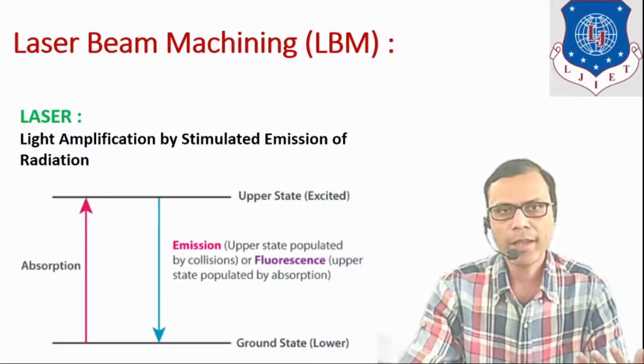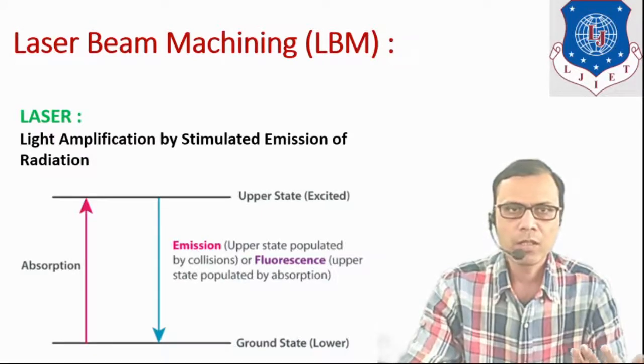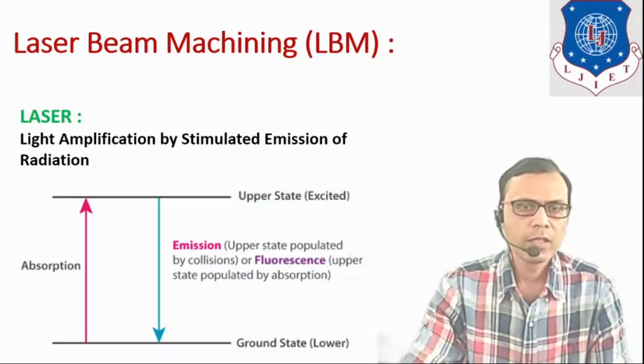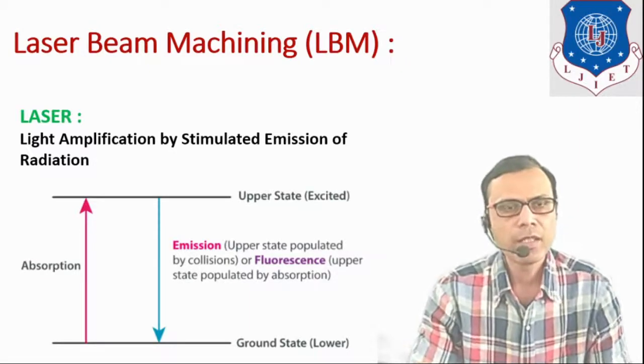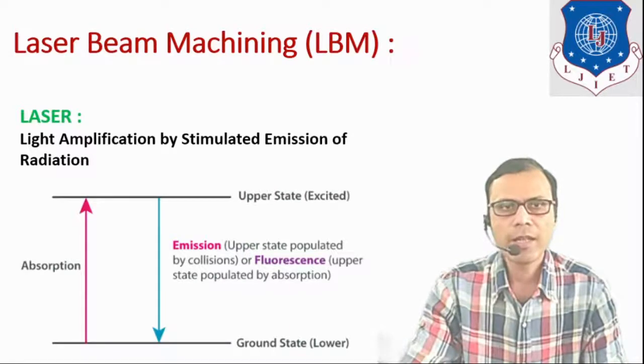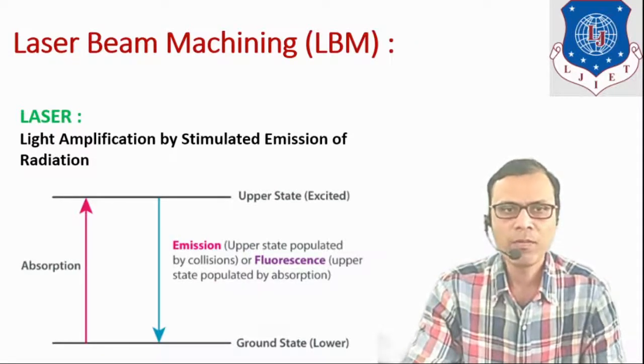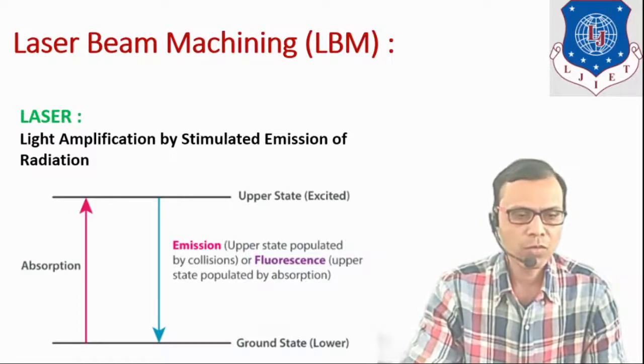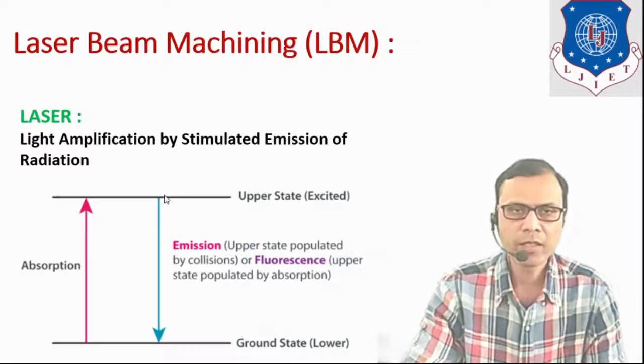When these excited electrons come to the ground level, they give off some energy in the form of laser. Laser stands for light amplification by stimulated emission of radiation. So in this way we can obtain the laser beam.